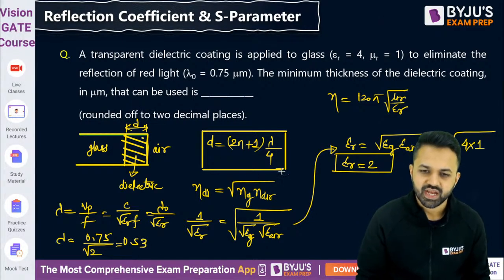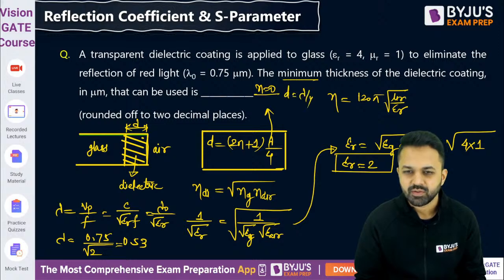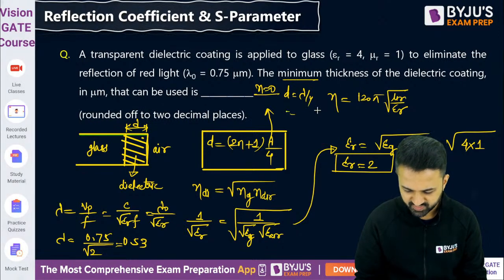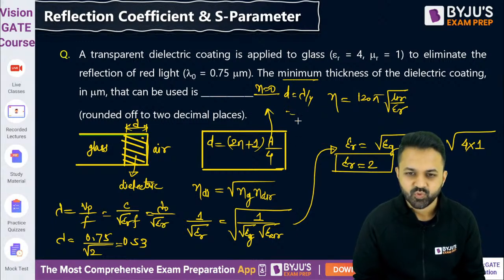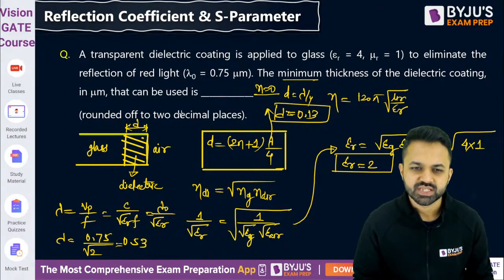0.53 is coming, and here we are saying that for the minimum thickness, n equal to 0, so we will get d is equal to lambda by 4. So whatever we are getting, we have to divide it by 4. So it is coming as 0.13. The distance is coming as 0.13. Up to 2 decimals it is asking.